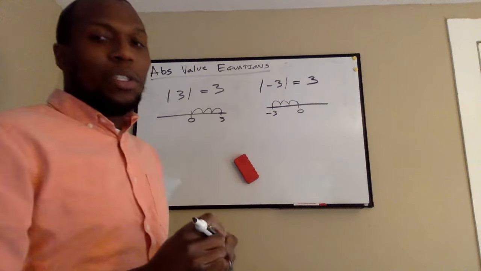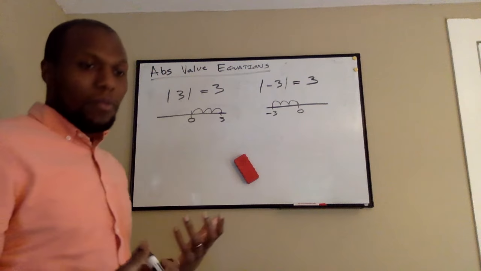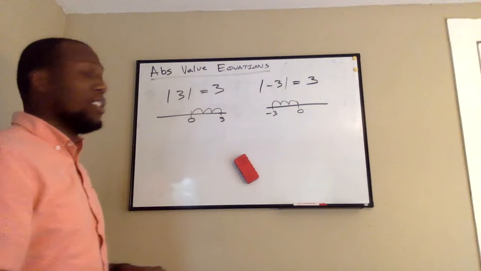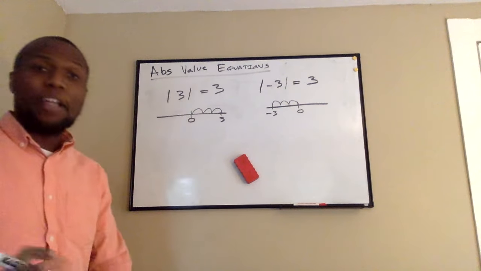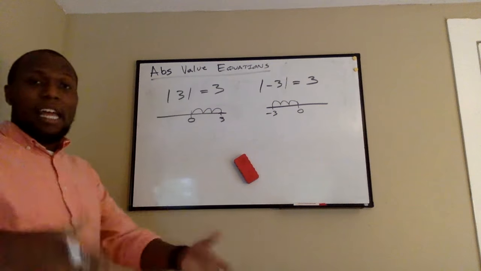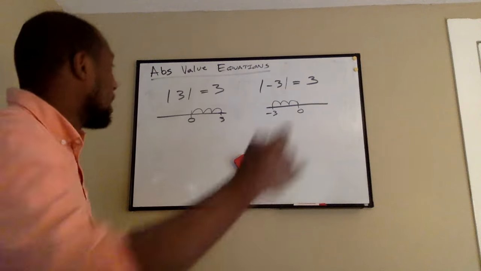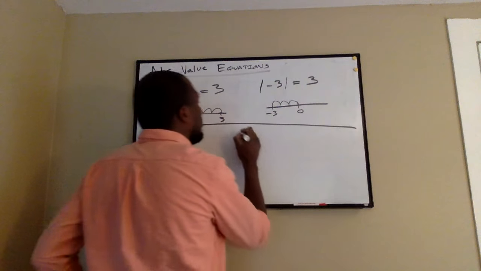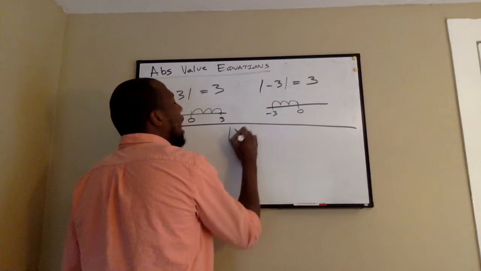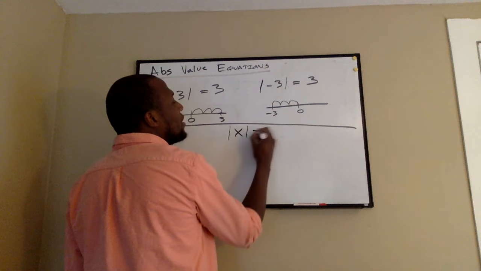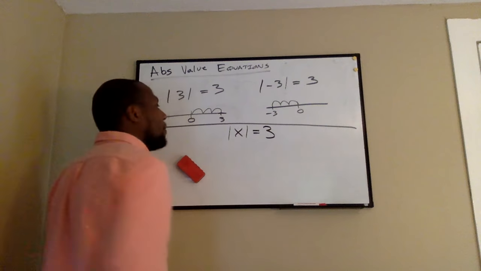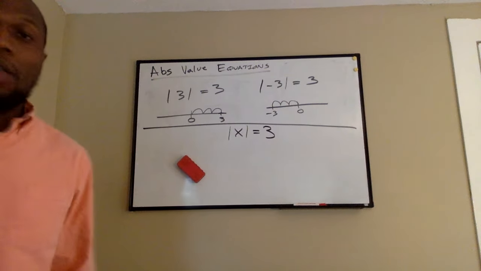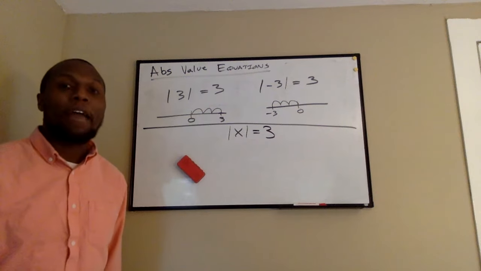So we can use this information to help us when we're solving equations. I'm going to start with a simple equation, very similar to what we just did, and then we're going to build to more complex things. So let's say we had to solve the absolute value of x is equal to 3, and we want to know what x works.